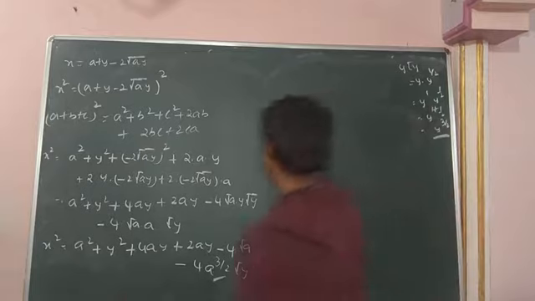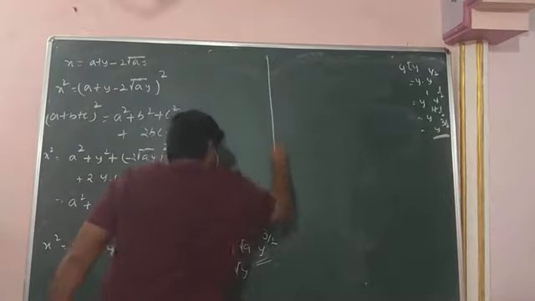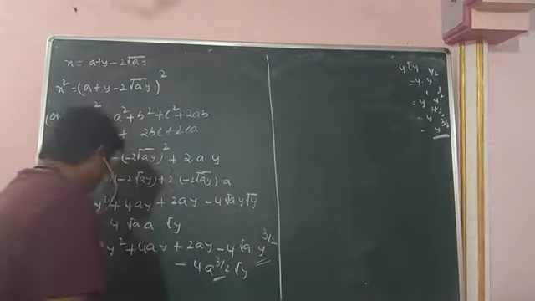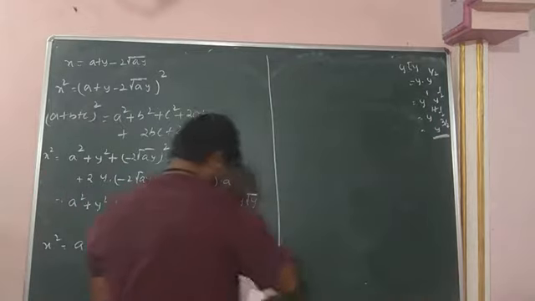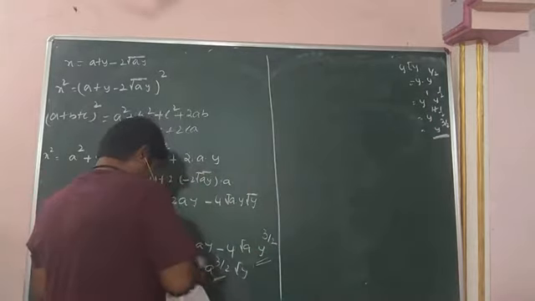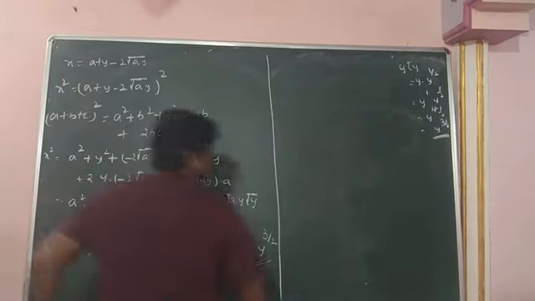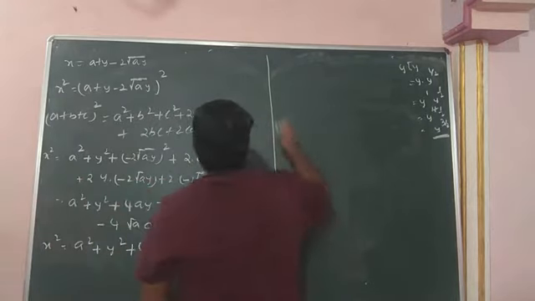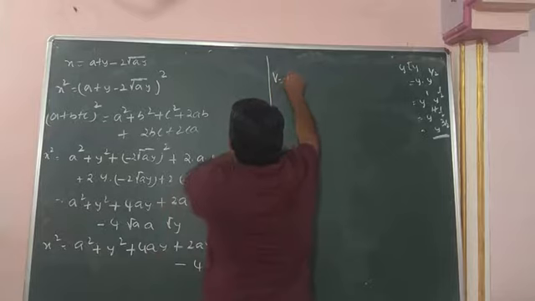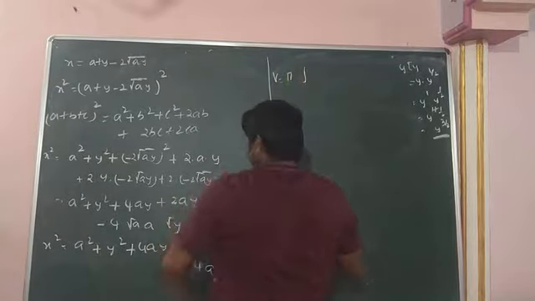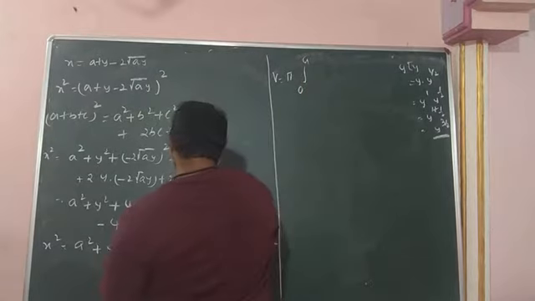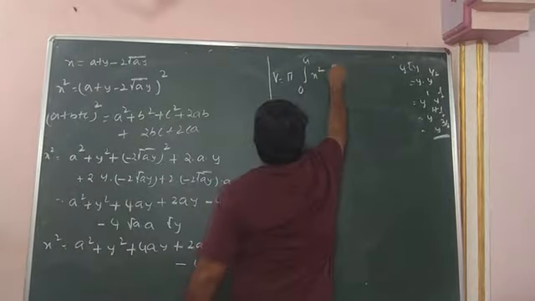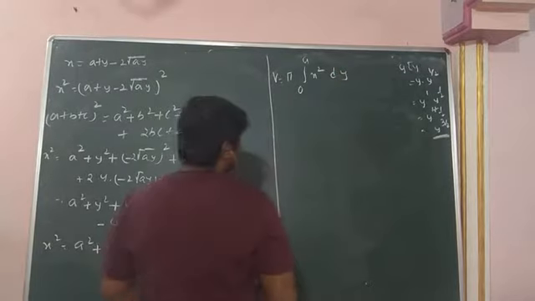And we do the integration. That is to be written as the basic formula, V equal to pi into, what are the limits? The limits are 0 to a, x square into dy.